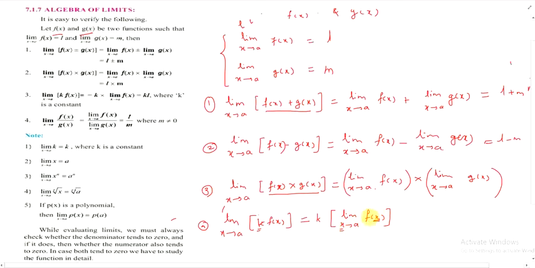If there is no x involved, then we can take that value outside the limit, whatever it may be, isn't it? But if it contains that variable, then we have to think about that variable, isn't it? Whenever we are taking the limit, we have to take that into account.